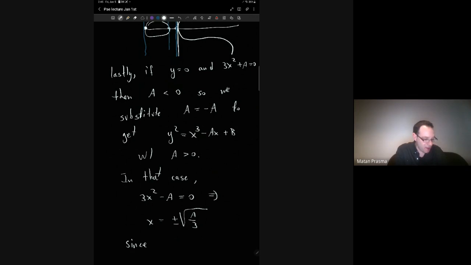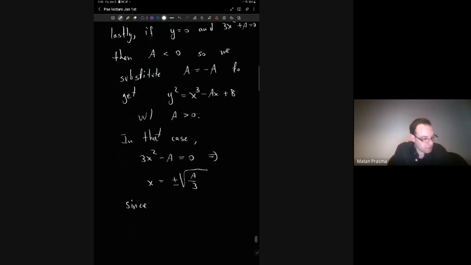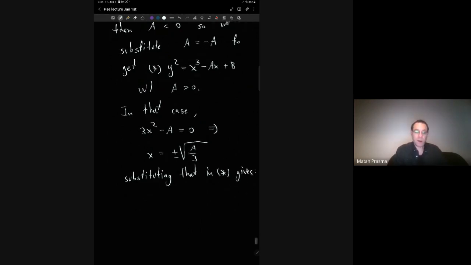So I have this equation, let's call it star. Substituting that in star gives us the following. Let's say I substitute plus square root of a over 3 instead of x. And I know that y is equal to 0.